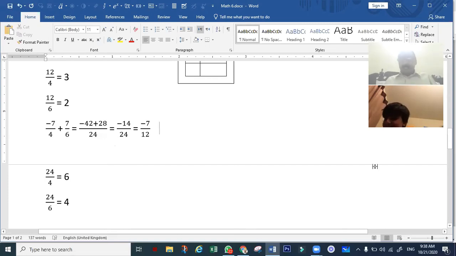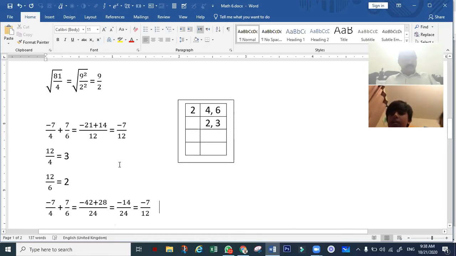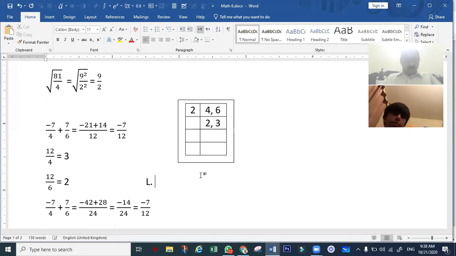In the denominator if some factor is common, in 4 and 6, 2 is common. So 2 is to be written once. If you divide both of the numbers by 2, you get 2 and 3. These 3 numbers are to be multiplied. This is called the LCM, least common multiple.